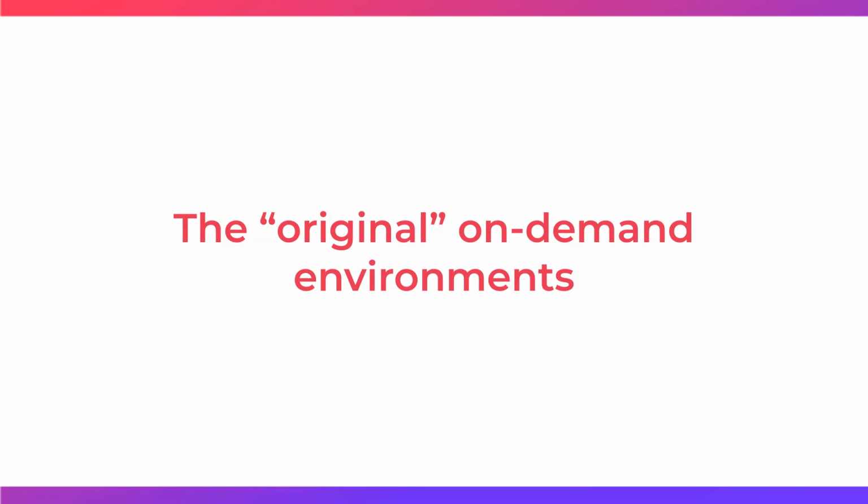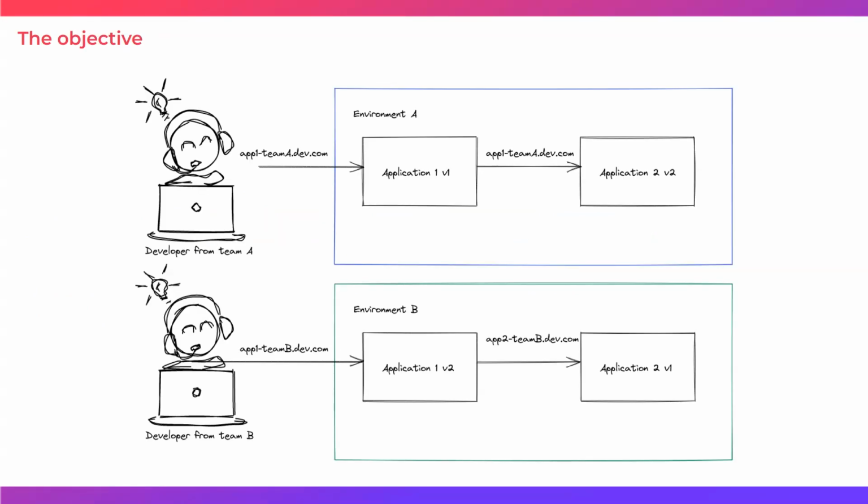So let me talk about the original on-demand environment we built the first time. What the company asked us for was a completely independent environment for each team of developers. Basically, none of the URLs would be the same, and each team would have an environment where all the applications of the company would be deployed.